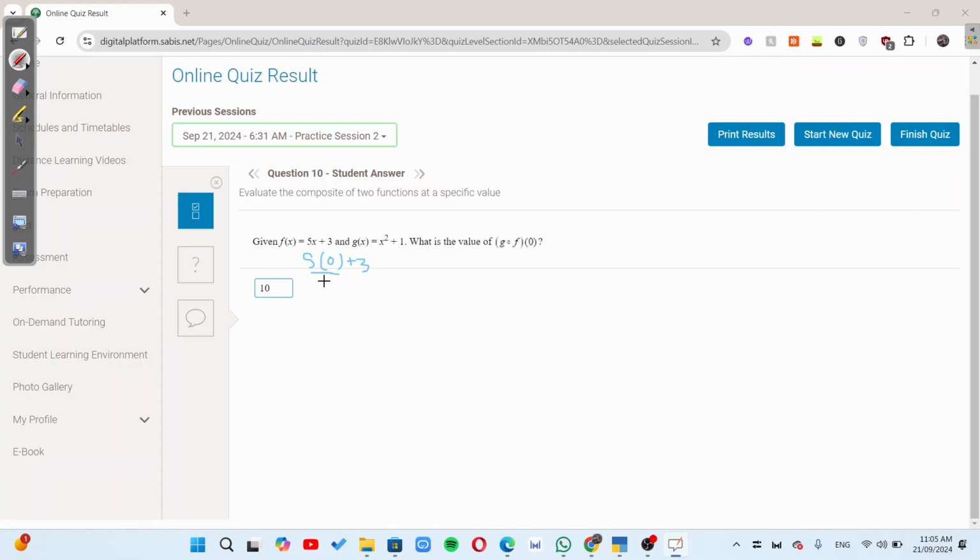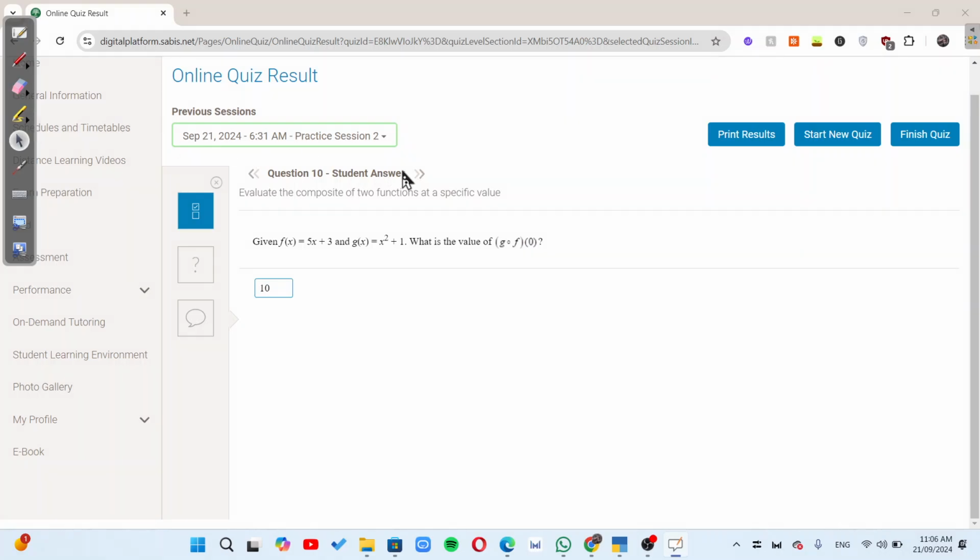We know 5 times 0 is 0, and plus 3 gives you 3. Now you take this 3 and you put it in this equation. So 3 squared plus 1, so 9 plus 1. That's how you solve it. It's 10.